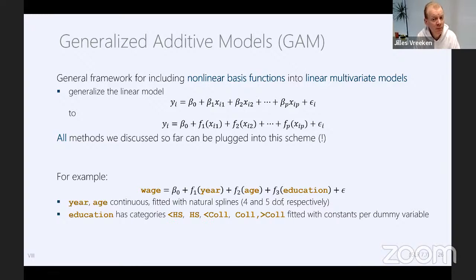Now, by making the basis functions nonlinear, having quadratic or cubic functions, so let's say this is x1, this is x1 squared, this is x1 cubed, and so on, we have all of a sudden the possibility to fit a nonlinear function, but it's still one long addition of linear functions.